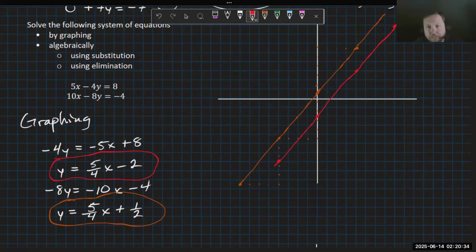Okay, and just kind of extending things. So now graphing this, we can see that the lines are parallel.